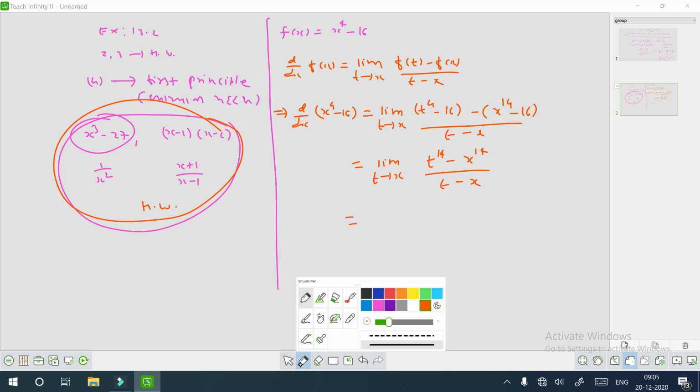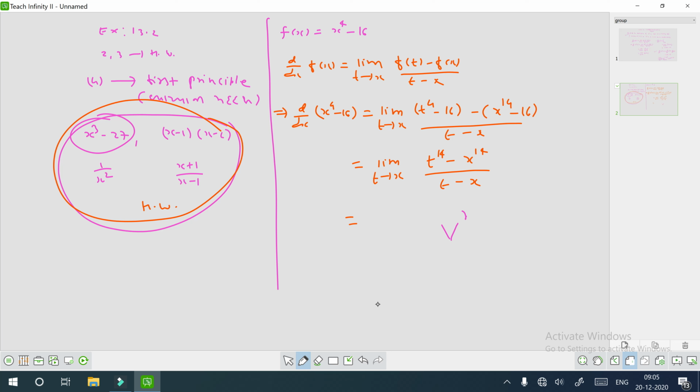It is in terms of variable raised to n minus constant raised to n over variable minus constant, when the variable tends to the constant. And we know that that is equal to n times constant raised to n minus 1. According to this formula, what can we write here? That is equal to 4 x raised to 4 minus 1.